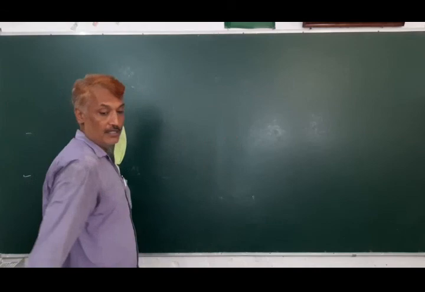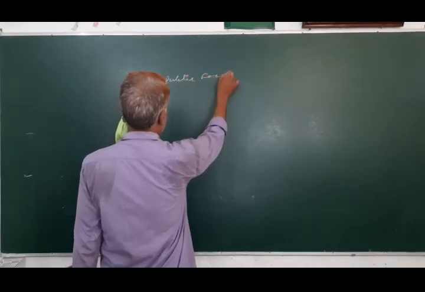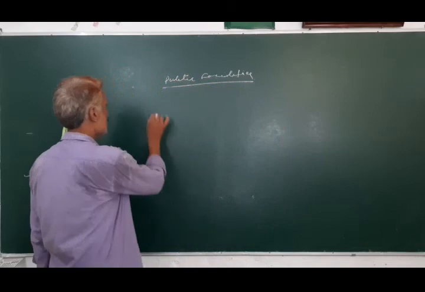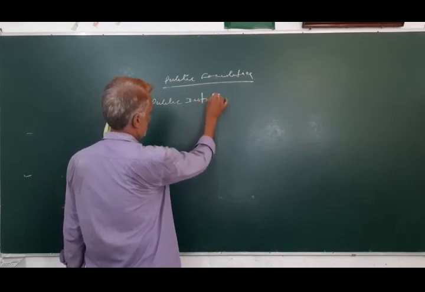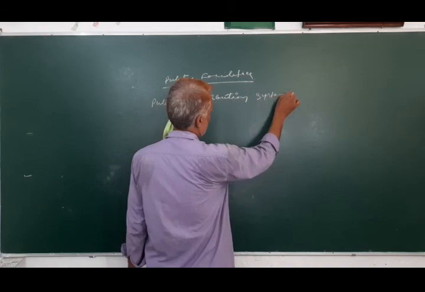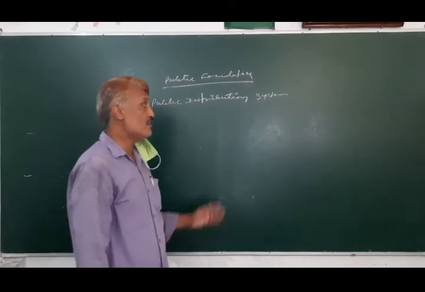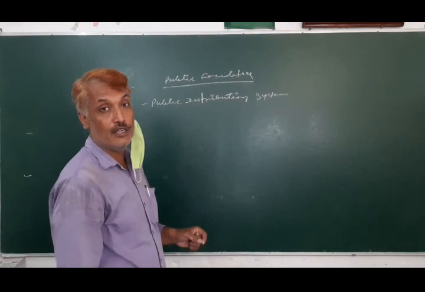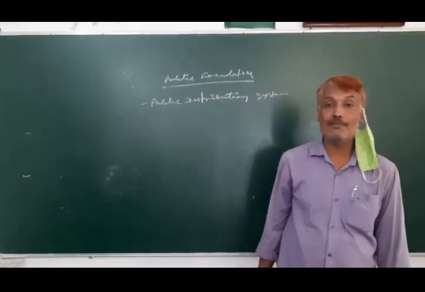Public facilities like PDS, public distribution system, which is a major public facility because it provides, first, nutritious food materials like food grains and other nutritious material.